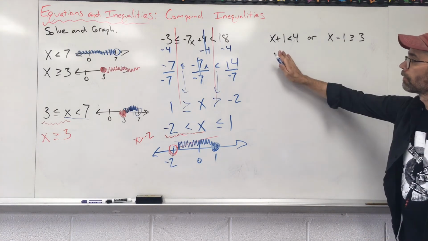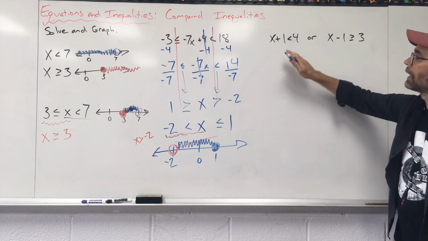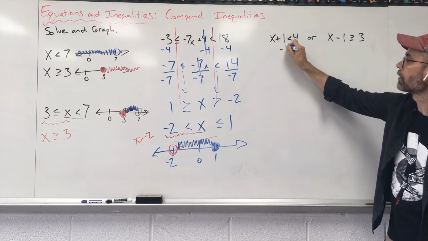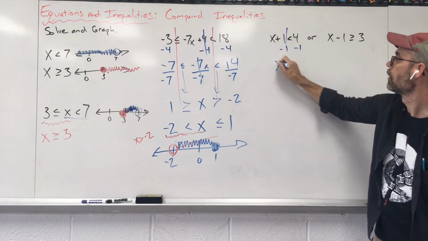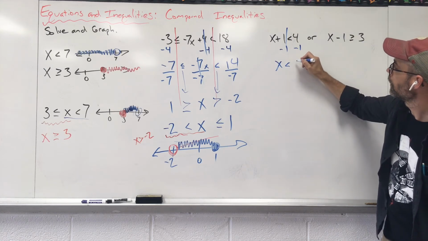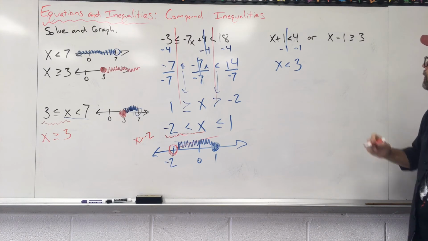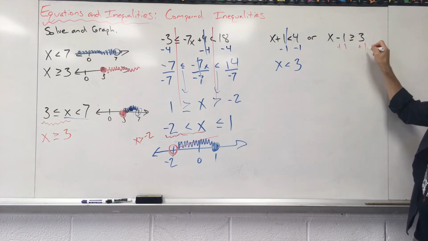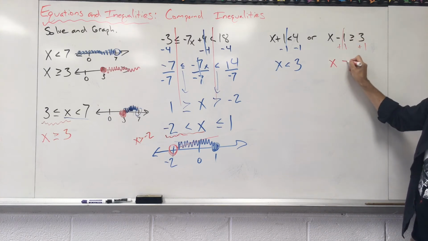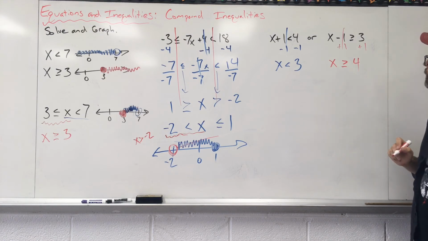So first one, let's do it in blue. I need to get x alone. So inverse operations, -1, -1. We get 3. The second side I'm going to do in red. Inverse operations, we're going to add x greater than or equal to 4.